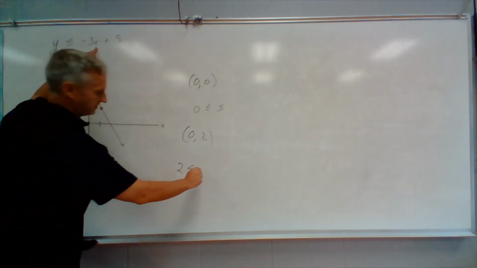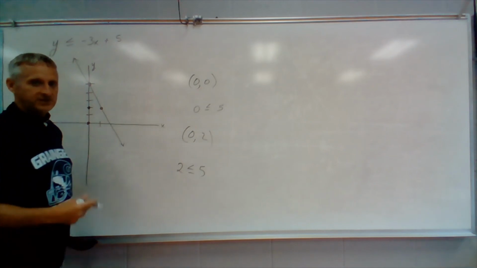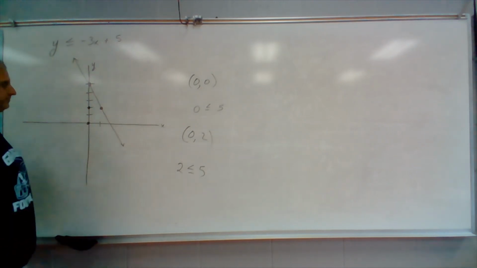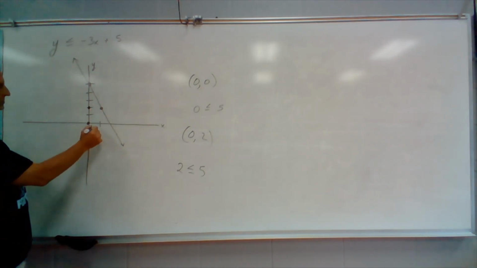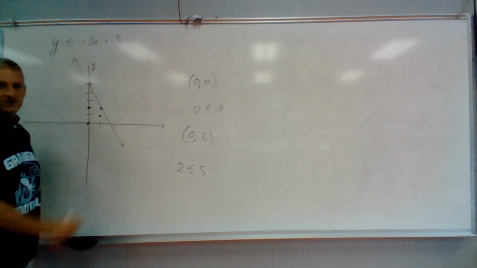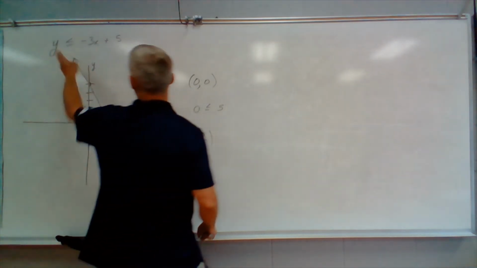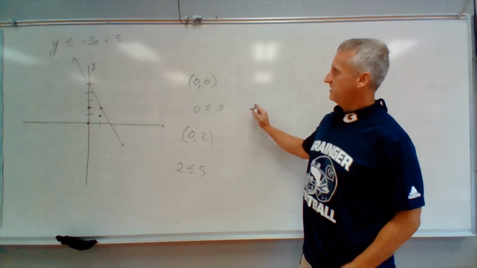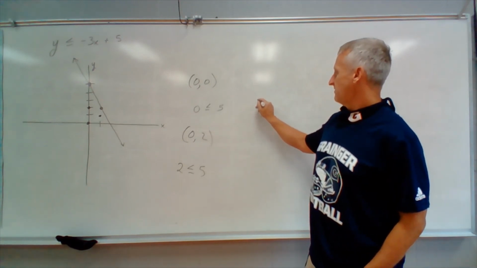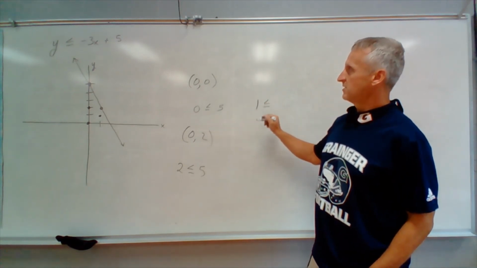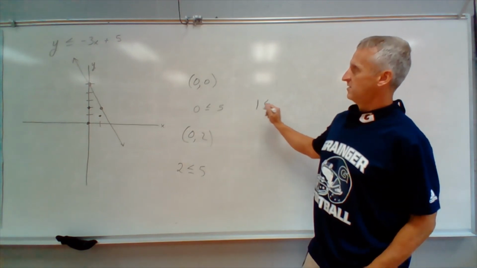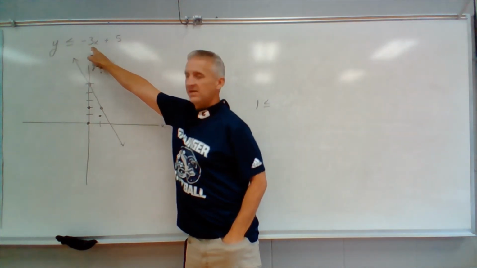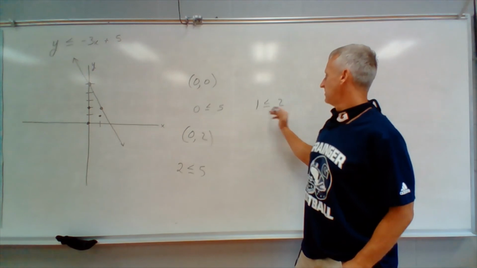It is, so that's a solution. Let's try this point here, 1, 1. If I put a 1 in for the x and 1 in for the y, I have 1 is less than or equal to negative 3 plus 5, which is 2. 1 really is less than 2, so that's a solution.